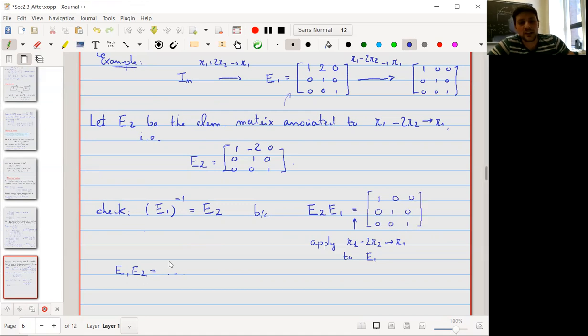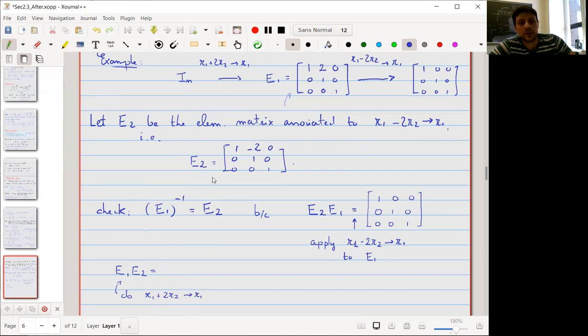Let's try to check the other order as well. Multiplying E2 by E1 on the left is the same as doing the operation R1 plus 2R2, and replacing R1 with that.